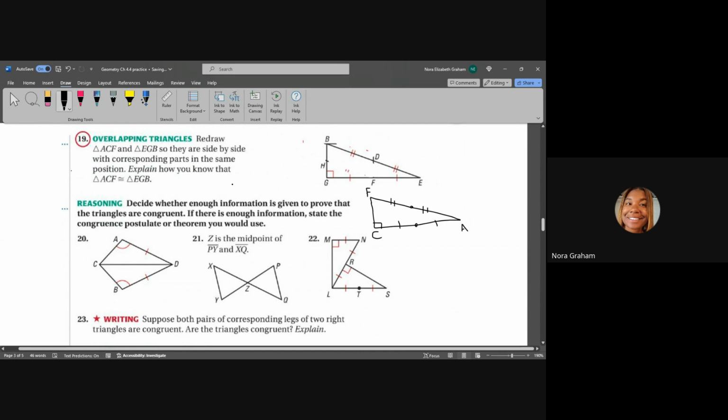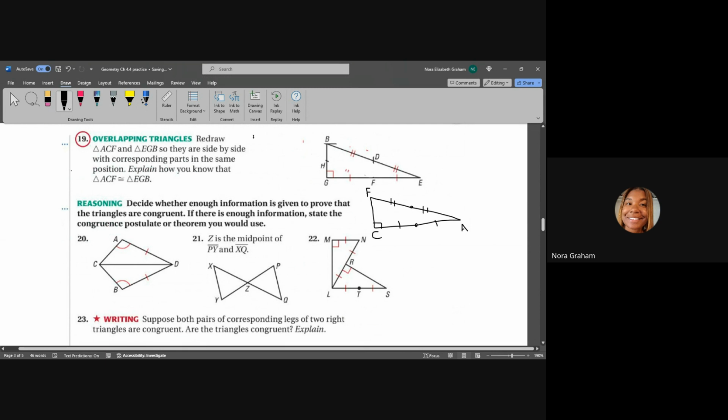All right, let's see if we can explain how these are two congruent triangles. So I can say that BE and FA are congruent. I can say that because we have both these two tick marks. If I add both these segments together and both these segments together, I'm going to get the same thing, right? This is called segment addition, okay?